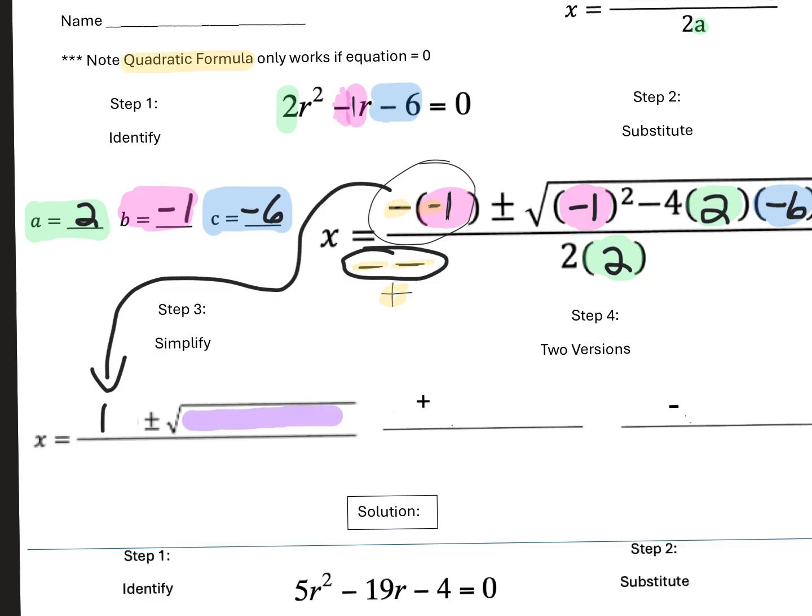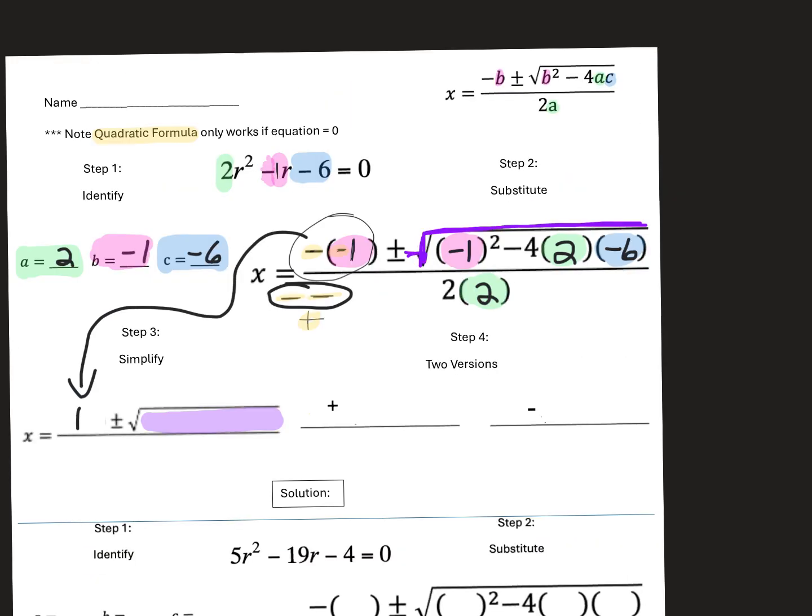Next, I need to get a value to go under the square root. So I need to use my calculator to do all the math that is underneath this square root right here. Lucky for us, our old friend the Desmos graphing calculator just put everything in the calculator exactly the way it appears, and including, make sure you put the parentheses here. That's super important.